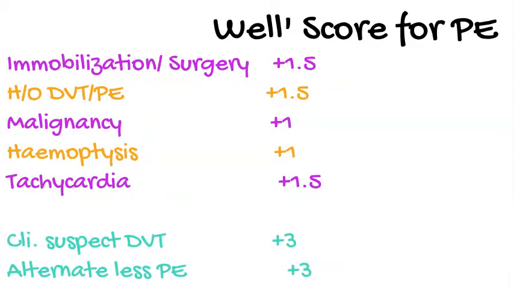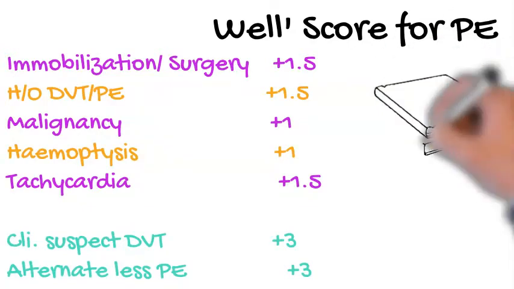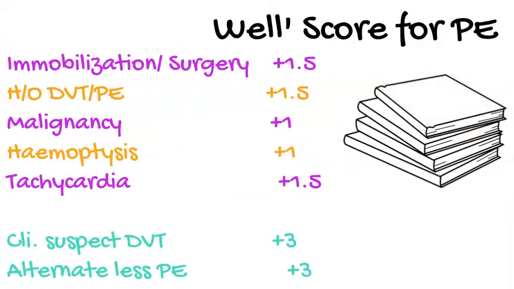Malignancy, treatment within 6 months or palliative in nature, I can give 1 mark. For signs and symptoms, hemoptysis at 1 mark, tachycardia at 1.5 marks, clinically suspected DVT at 3 marks. Alternative diagnosis is less likely than PE, at 3 marks.